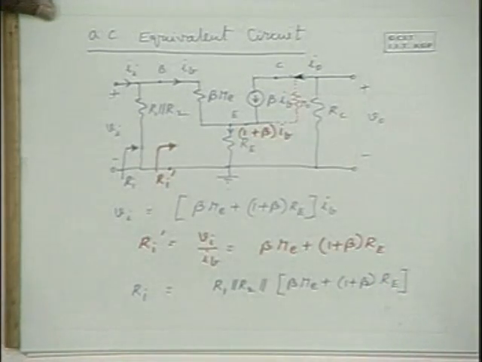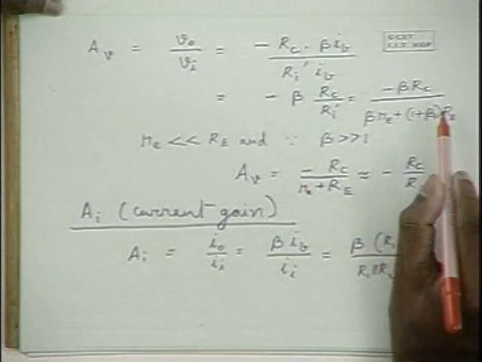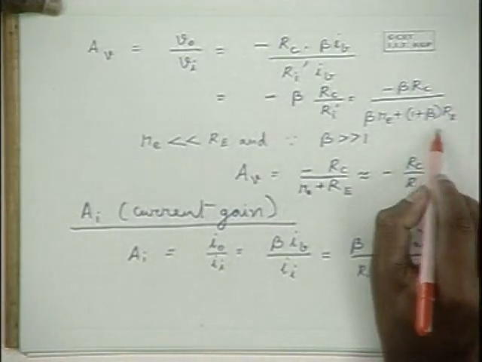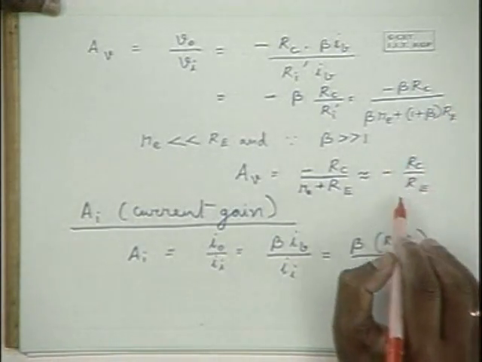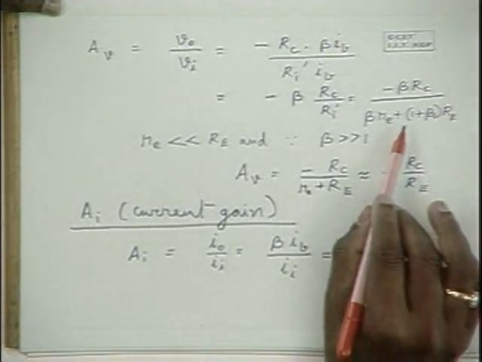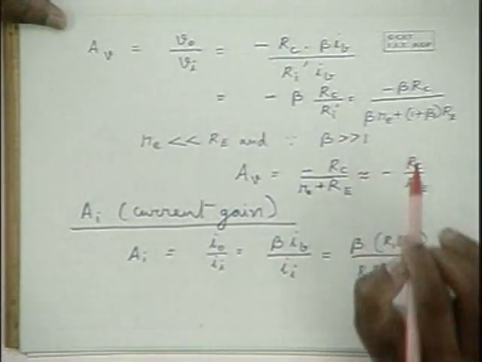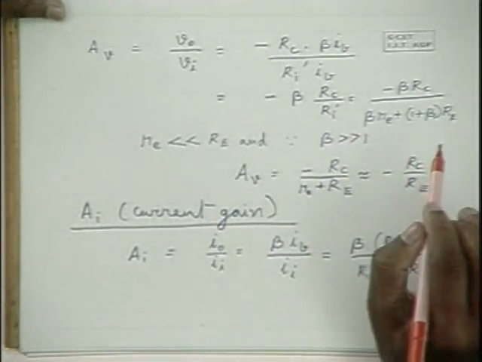So naturally, with a small resistance capital RE here, the voltage gain can be maintained at a reasonable level, and at the same time you can have some stability for the voltage gain. Voltage gain can be made to be independent of the transistor beta.